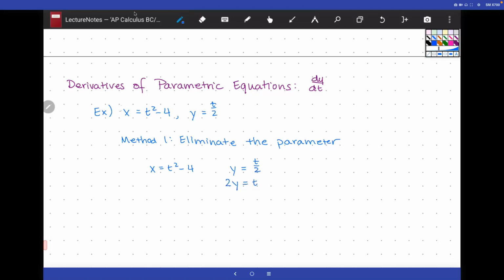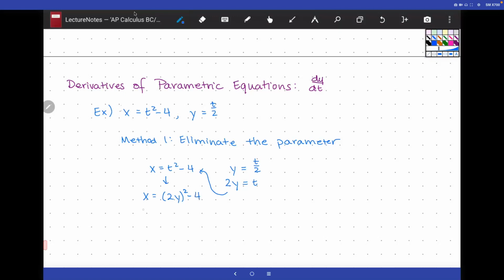And then all I'm going to do is go into the other equation and plug that into t. So instead of writing t, I'm going to write 2y. X is 2y squared minus 4. And that's basically it right there.